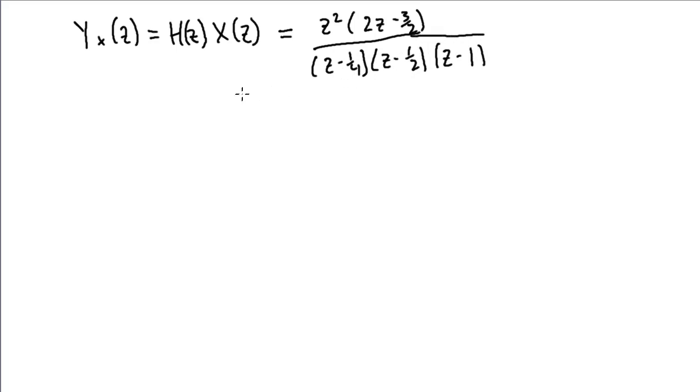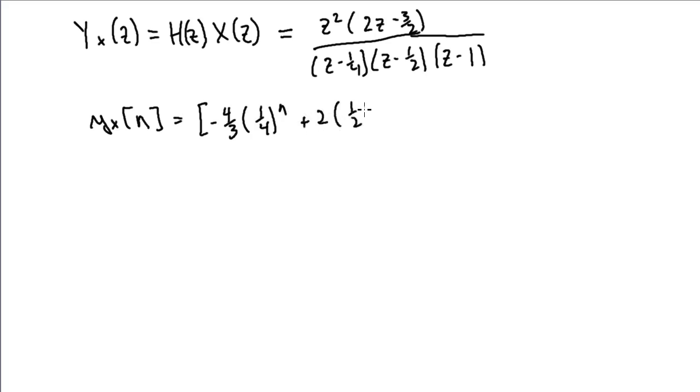Then now do a partial fraction expansion again of y of x over z, and then take the inverse z transform of those terms. That leads to yx of n is minus 4/3 times 1/4 to the n plus 2 times 1/2 to the n plus 4/3 all times u of n.